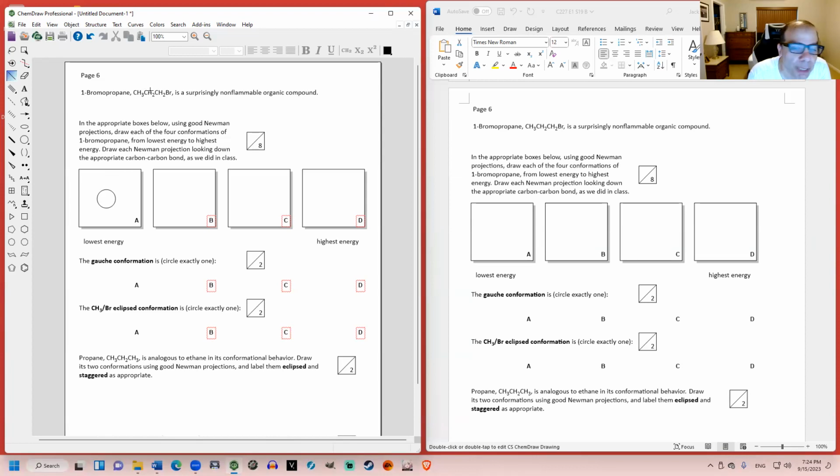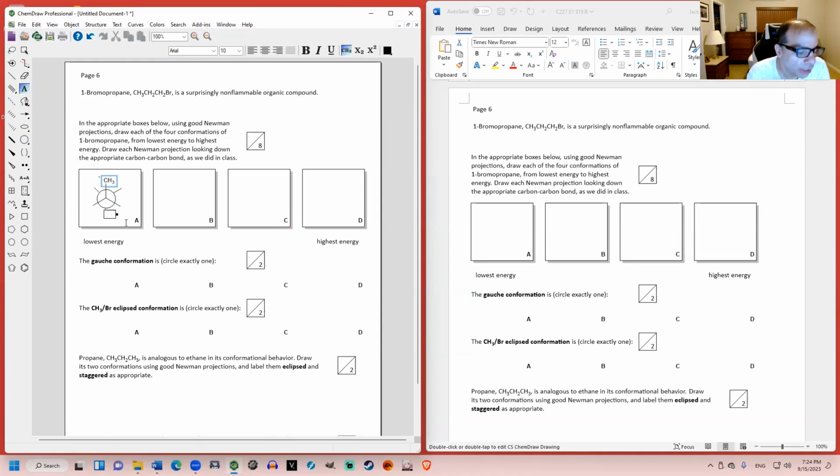We're looking down that bond. So one carbon will be the CH3 and one carbon will be the bromine. You could put either the methyl or the bromine in front, it doesn't matter. I think I'll put the methyl group in front.